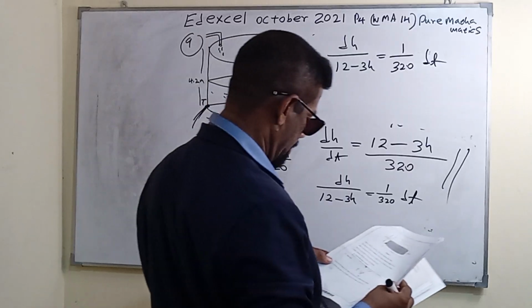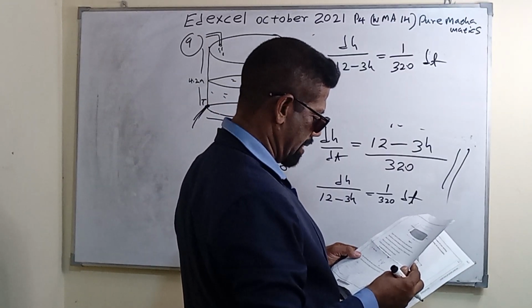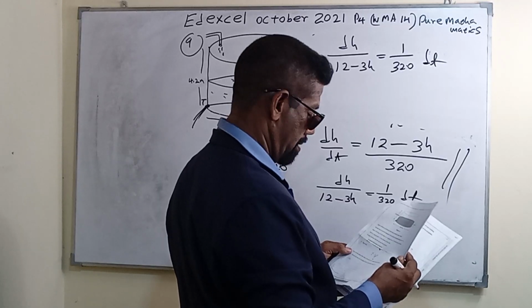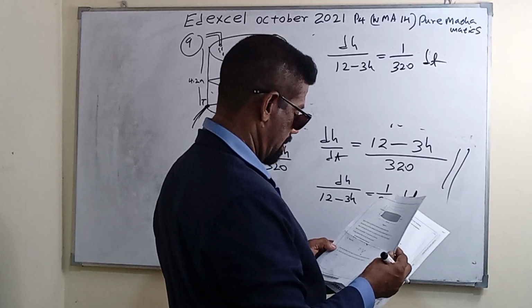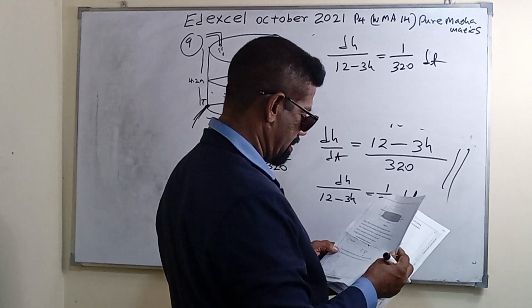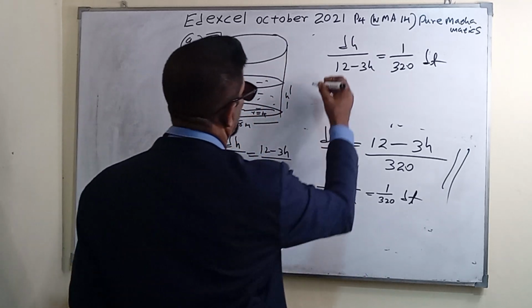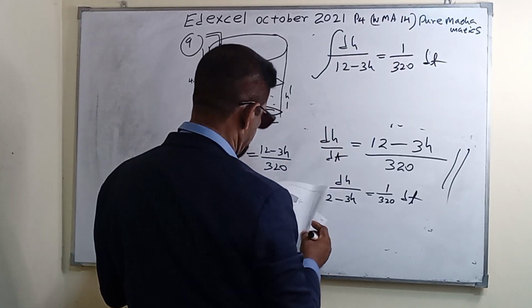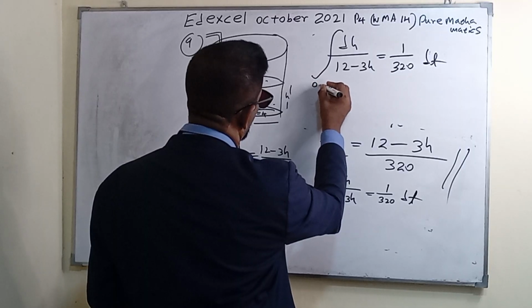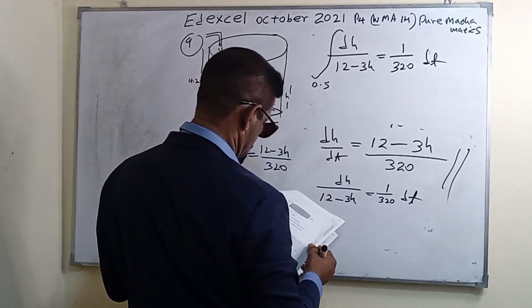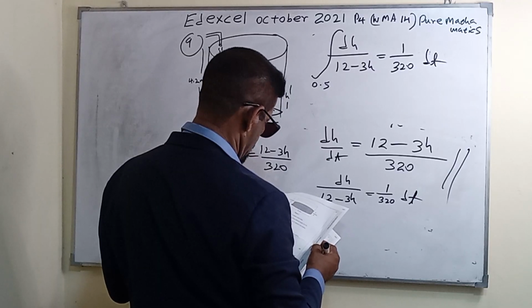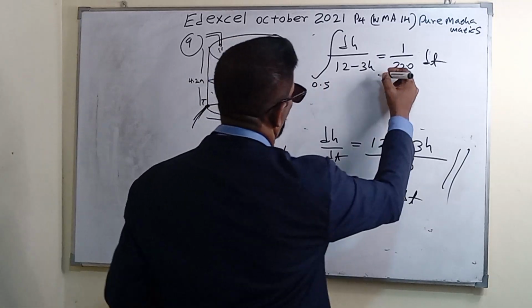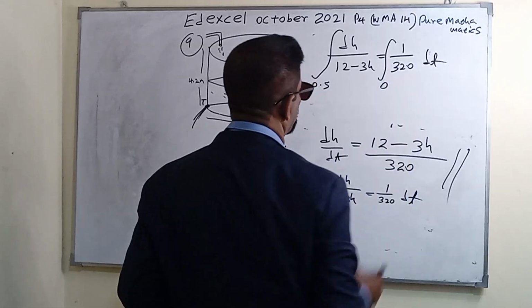Your question: given the depth of the water in the tank is 0.5 meters, find the time taken for the depth to reach 3.5 meters. So we integrate from 0.5. The tap opening means t equals 0.